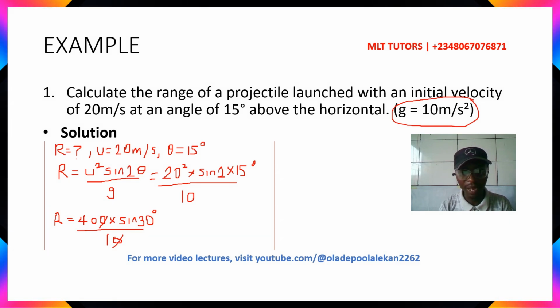That implies that we are left with R equal to 40, and sine 30 is actually equal to 0.5, multiplied by 0.5. So finally, the range of this projectile should be equal to 20 meters. I hope this is clear and easy for you guys. If that is true, over to the next slide.